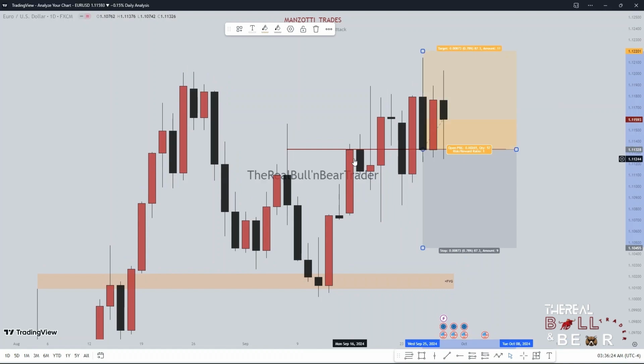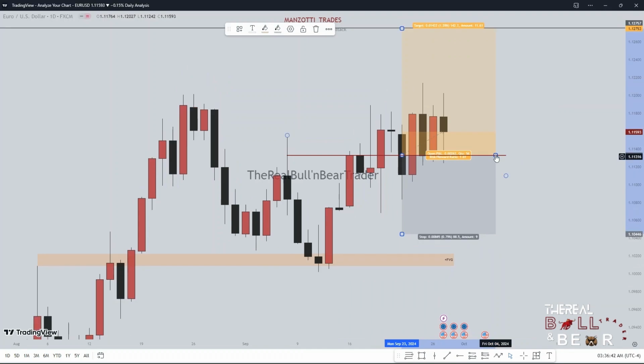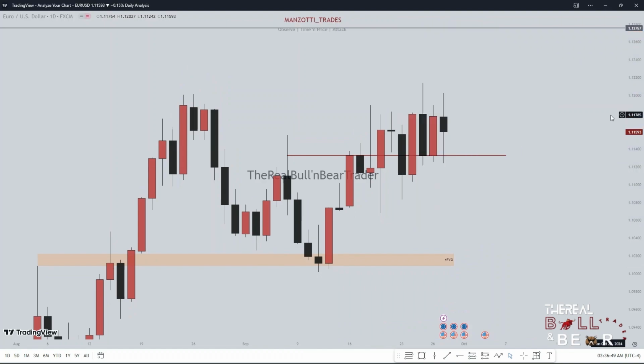Then going up to measure the best liquidity there. I'm explaining it. Let me explain it.